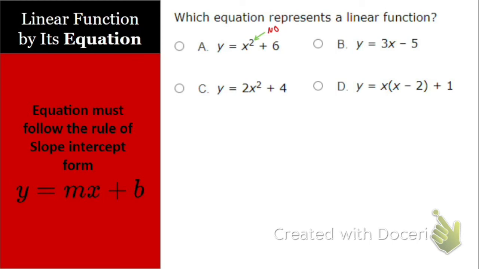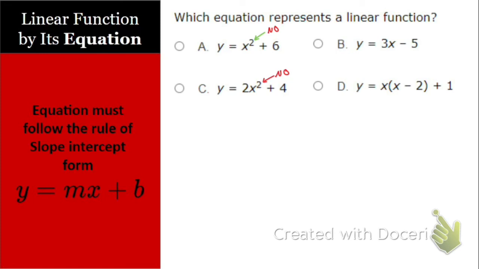Looking at answer choice C, there's an exponent again, so this is a no because of that exponent. Okay, and answer choice D. Now answer choice D is a little different. It has parentheses, and you remember when we talked about parentheses, you have to distribute.